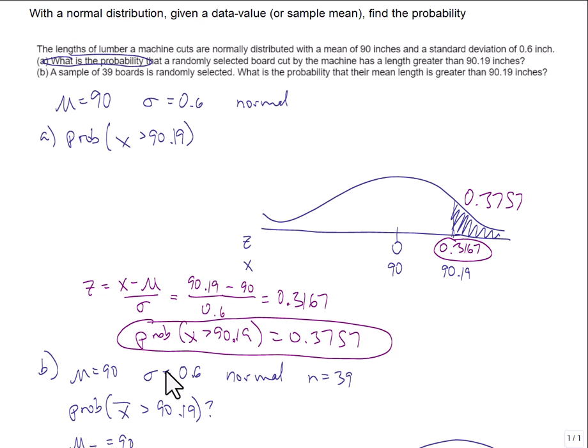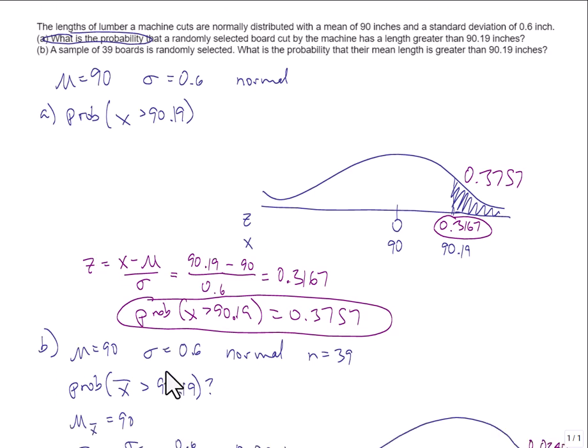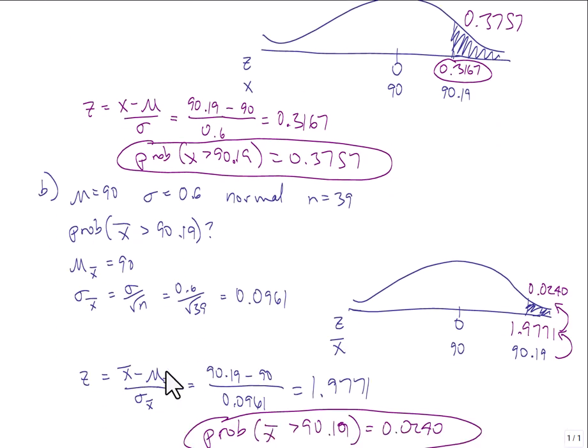In part B, it said it was a sample of 39 boards, meaning when I talk about 90.19, that is the mean from a sample, which is X bar. So part A and part B were both very similar, but that's the important difference. In part B, there was a sample, which gives you an N value, and the main change is how you calculate the standard deviation that you're going to need for your calculations. Altogether, there you go.